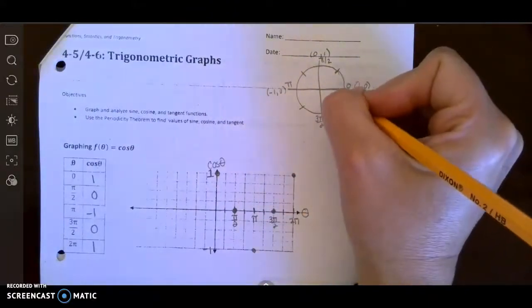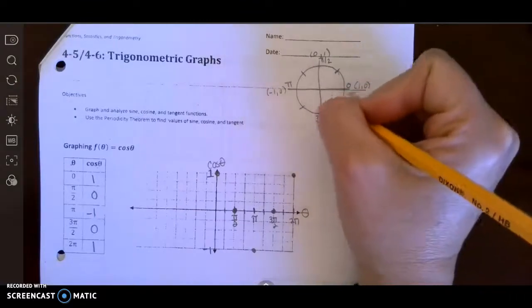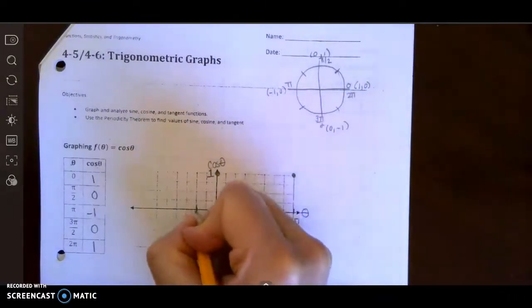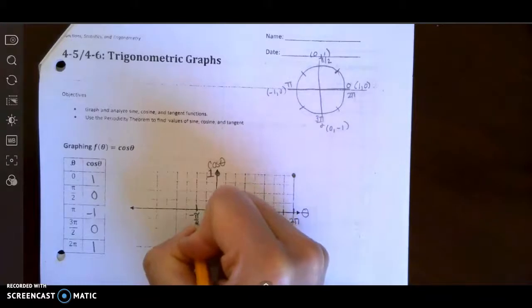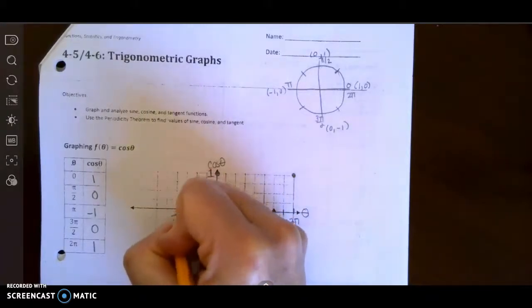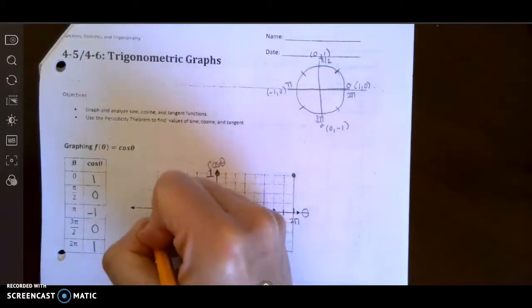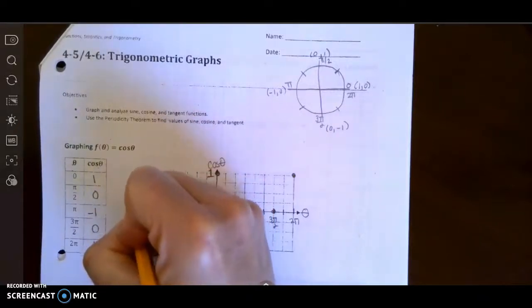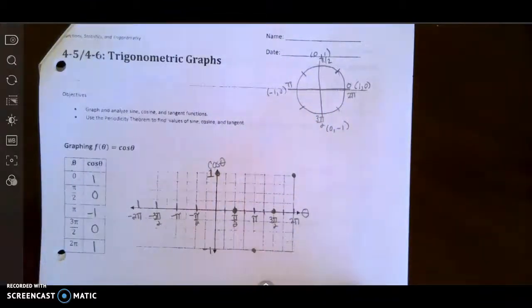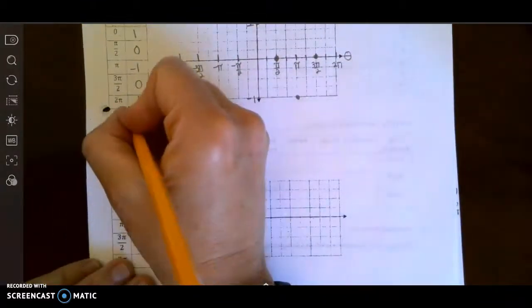Now I can also go in the opposite direction. And this would be negative pi over 2, negative pi, negative 3 pi over 2, negative 2 pi. So let's go ahead and extend that.